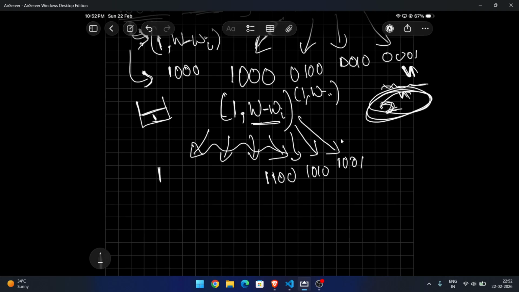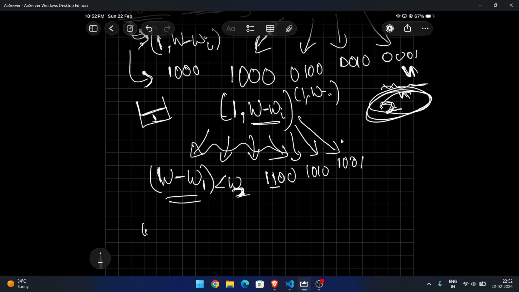So for this, what would be the answer? Now can we add this person in the same lift? If the weight of this person is greater than the remaining weight, then we can't add it in this lift. So then we would require one more lift.